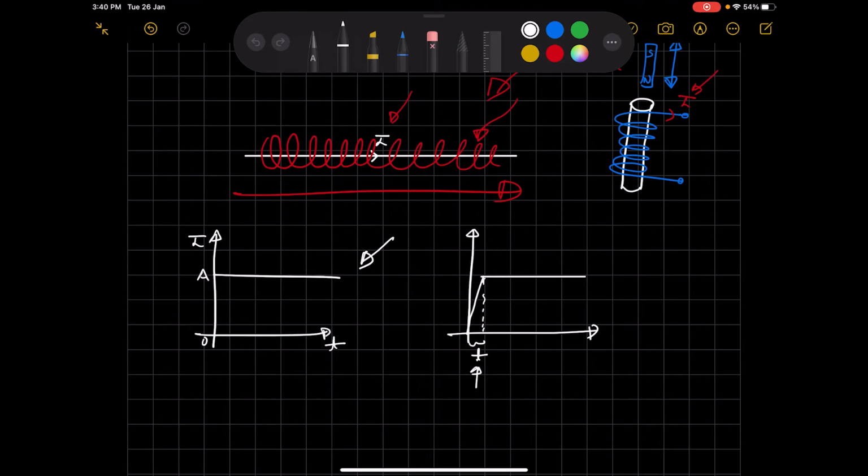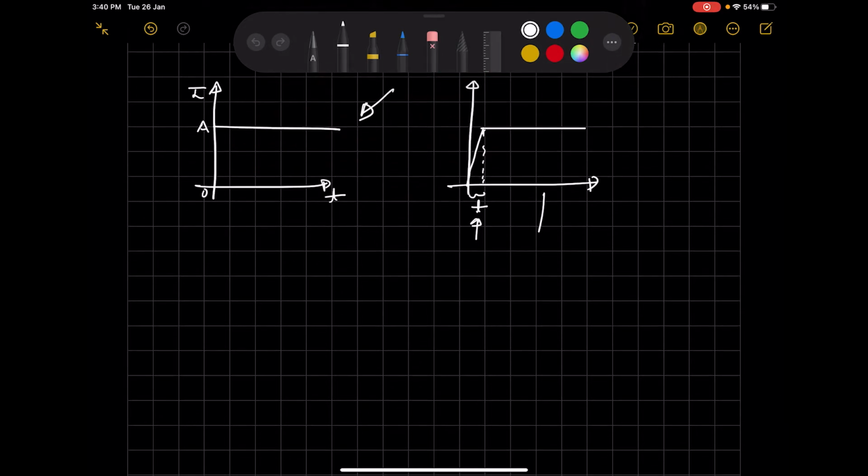Now let's see what happens when you apply this to an inductor. For this part of the waveform, where the current rises from 0 to a value A, the current is changing. So we have a changing current through the inductor, and this changing current is going to produce a changing magnetic field inside the conductor.